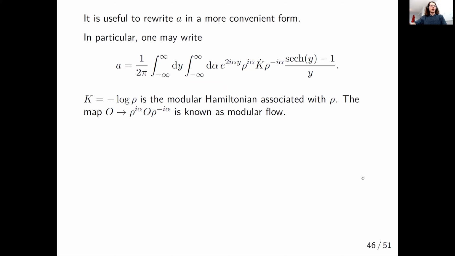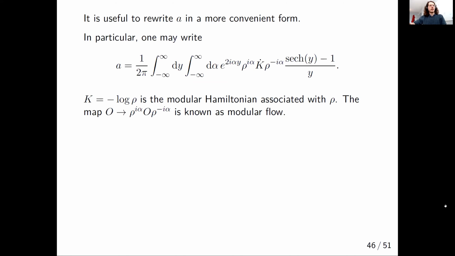So K here is minus log rho, so that's the modular Hamiltonian of rho. And this map parameterized by alpha, taking O to rho to the power of i alpha O, rho to the minus i alpha, this is just known as modular flow.